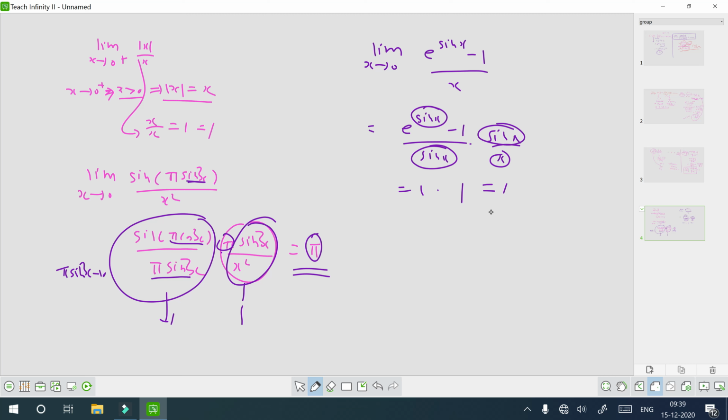Next example, limit x tends to 0, 1 minus cos 2x, 3 plus cos x over x tan 4x. Clear?